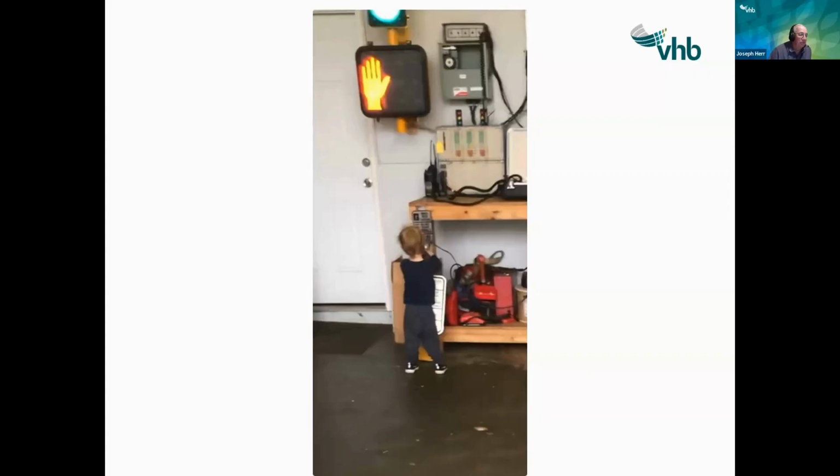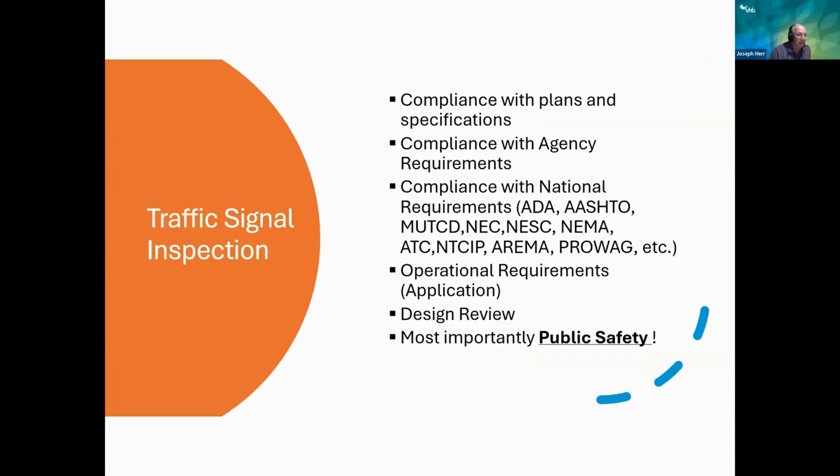So what I'd like to do is go over the different steps of how to check a button at an inspection. First, what do you do with the traffic signal inspection? What is an inspection for a traffic signal? First, it's compliance with the plans and the specifications, to make sure that what's installed beyond the buttons, the heads, the signs, the pavement marking, and so on, are compliant with the design plans and specifications. It's compliant with agency requirements. Agencies typically have a blue book: ConnDOT, MassDOT, MaineDOT.